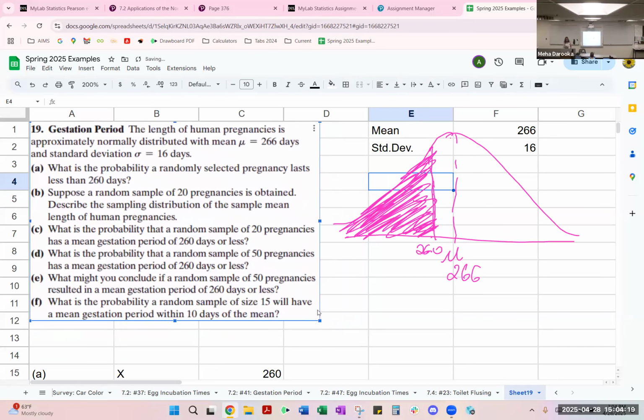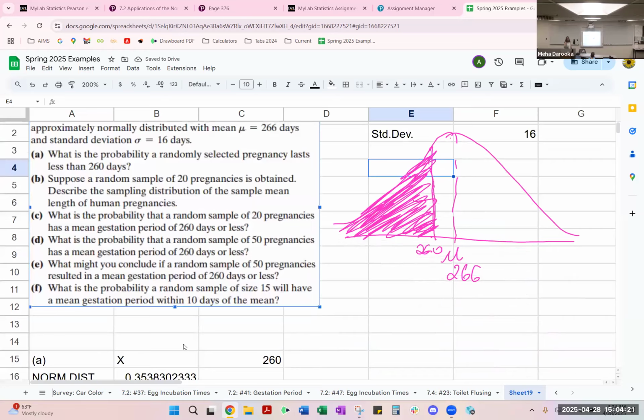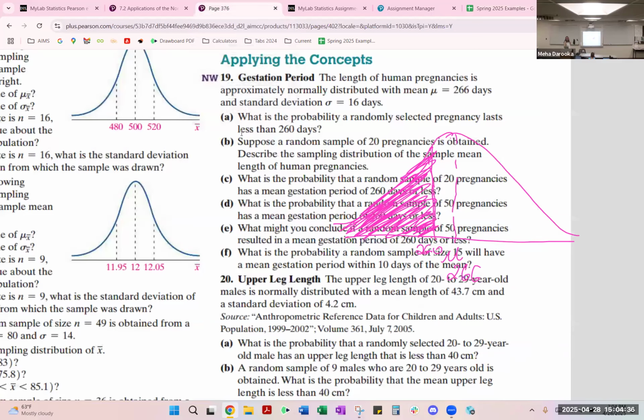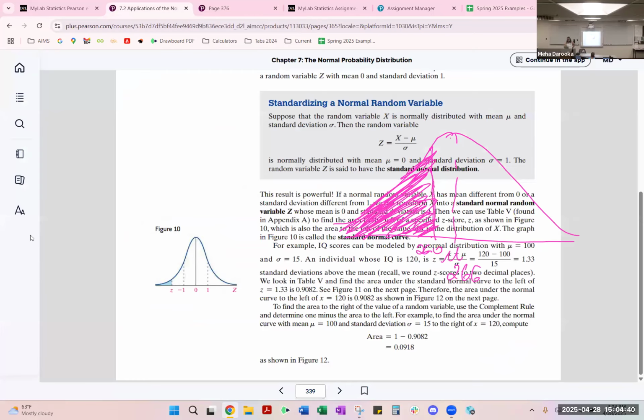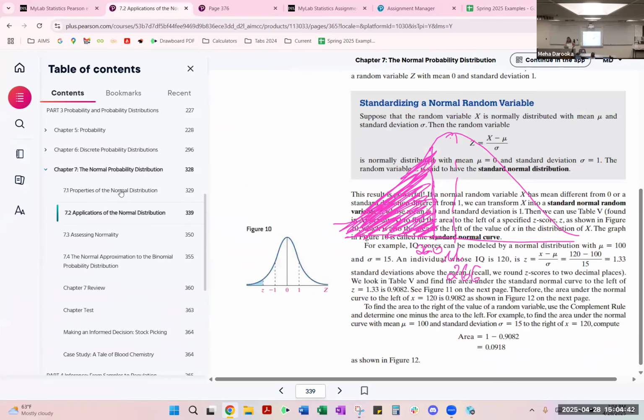Okay, so they're asking us to find or describe the sampling distribution of the sample mean length of human pregnancies. This is what we talked about in section 8.1 last time.